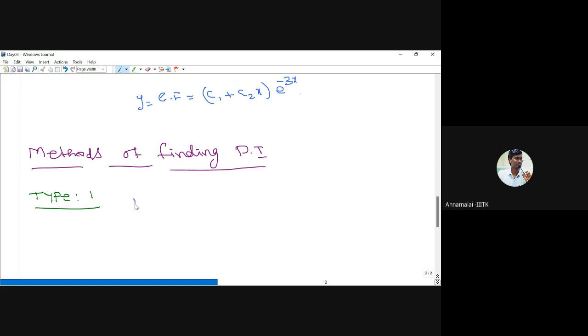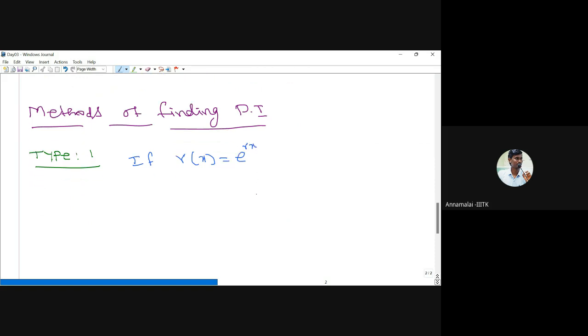Suppose in the equation, the right hand side function r of x is an exponential function, e to the power something. So the right hand side is the exponential function, and there are two cases. Case 1.